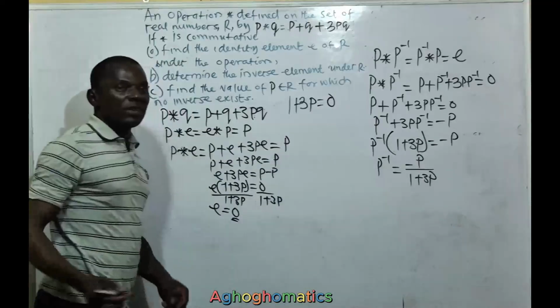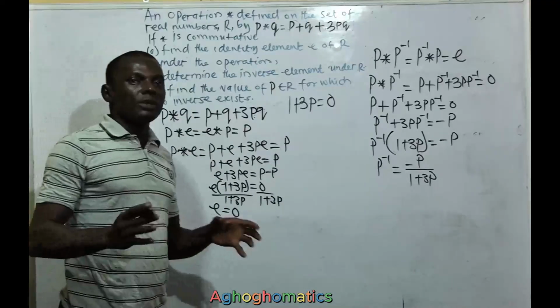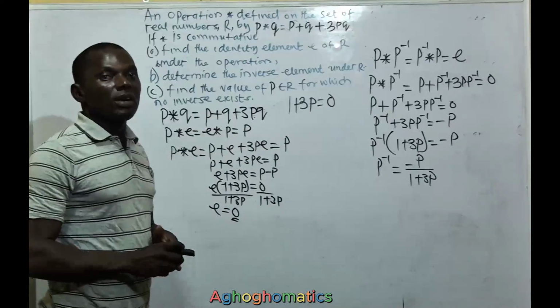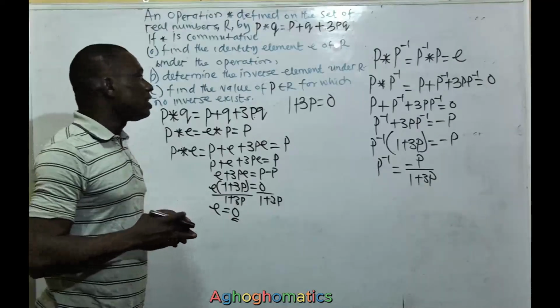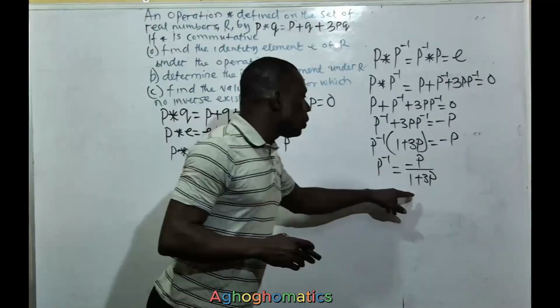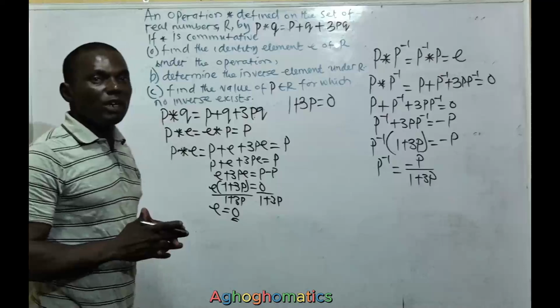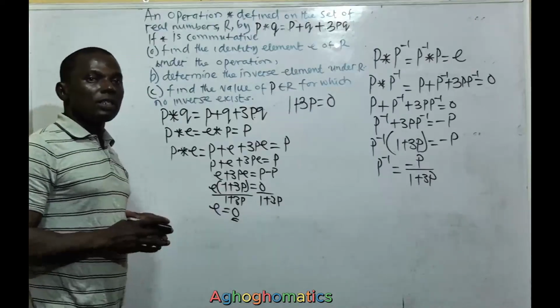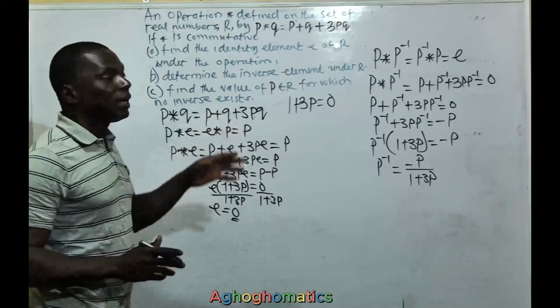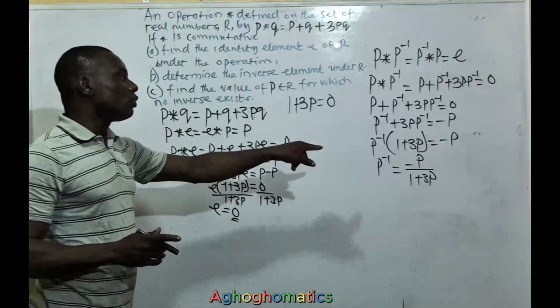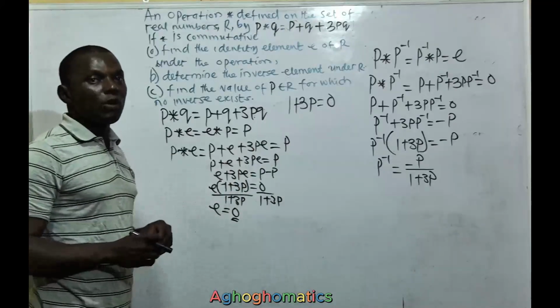You know, because in algebra, if an expression is undefined, it simply means that you equate the denominator of the expression to 0 and solve for the value of the unknown there. Whatever value you substitute makes the denominator become 0.